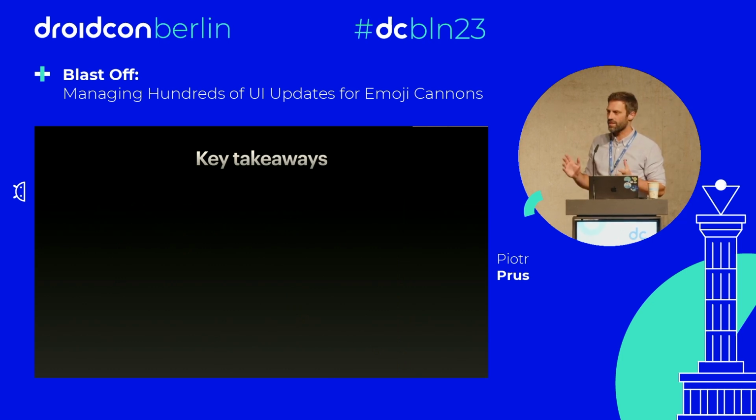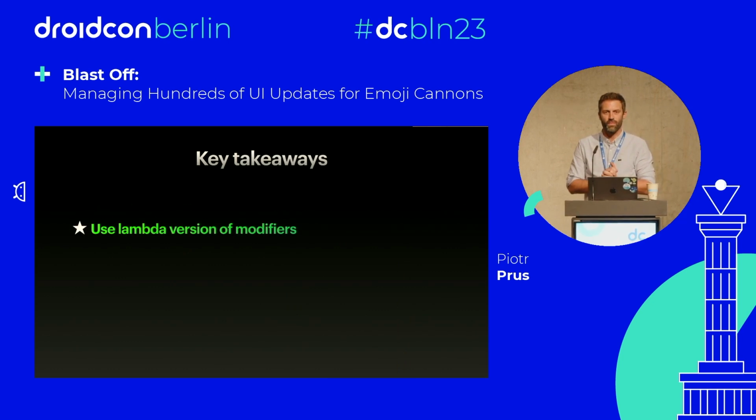Key takeaways from this talk. Use the lambda version of modifiers when a lot of parameters change on your composable, but the composable itself does not change. Use the key utility function if you do not want a lot of weird recompositions.